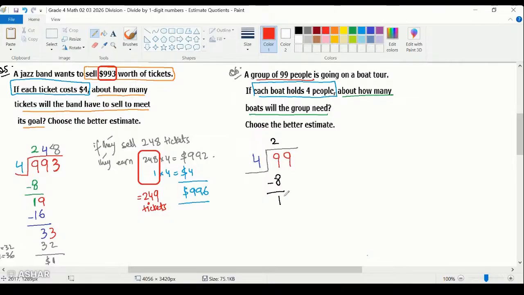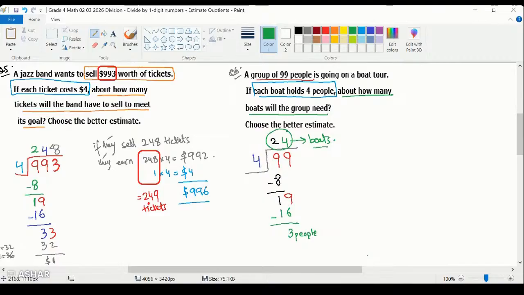We bring down the 9. 4 times 4 is 16. And 3 people are left. 24 boats were used, which are completely filled.